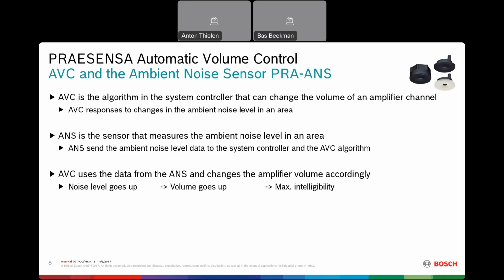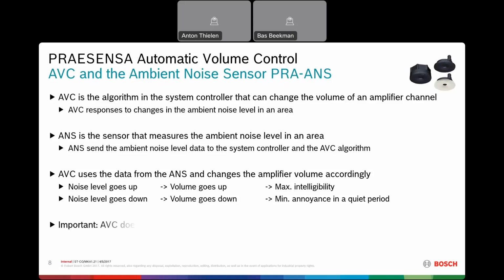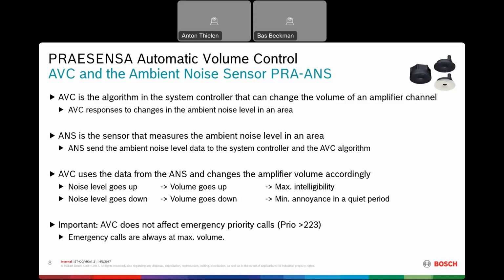So if the noise level goes up, then you could have an increased volume, until the maximum intelligibility is reached. If the noise level goes down, the volume goes down. And that would also mean that you have minimum annoyance in a quiet period. You don't want to have very loud announcements because that's how it is perceived. Important is that AVC does not affect emergency priority calls.